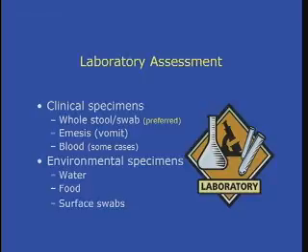Emesis or vomit also may be used to identify pathogens, and in some cases specific to bacterial infections, blood samples may also be collected. On the environmental side, food, water, and surface swabs may also be collected. Note, for norovirus, environmental samples are generally not collected because it is very difficult to isolate norovirus in those media.